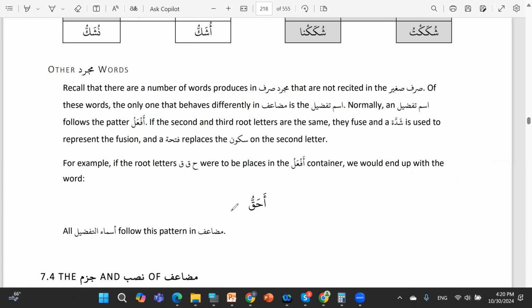So Ism Tafdil comes on the pattern of ahaqqu. All such words come on the pattern of ahaqqu.